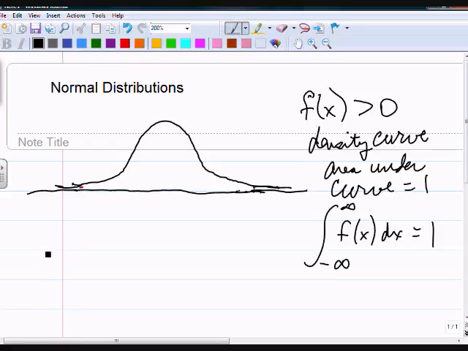In case you want to know what the equation for this is, and maybe you don't want to, but I'll give it to you anyway. It's 1 over the standard deviation, which we have defined so far, but now I'm going to put this in a different symbol.